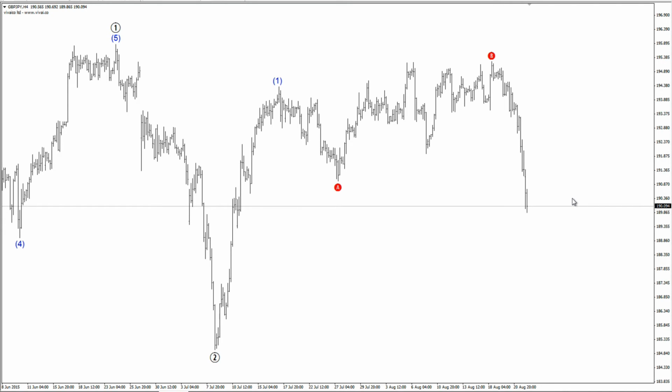A strong decline. The triangle I had labeled before wasn't quite satisfactory, so I have labeled this slightly differently. Now I have labeled the sideways range as wave B, and now this strong decline should be a C wave of minus wave 2.